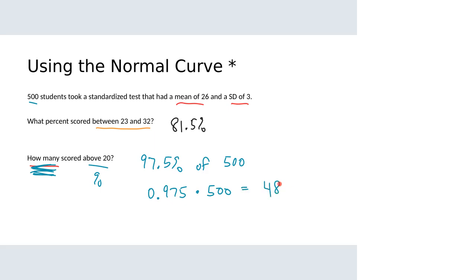And since we can't have half of a person that scored there, we're going to round that to the nearest whole number, which means we're going to find the ones place. Look one space to the right, that's 5 or bigger. So we'll round this up and say that 488 students scored above 20.